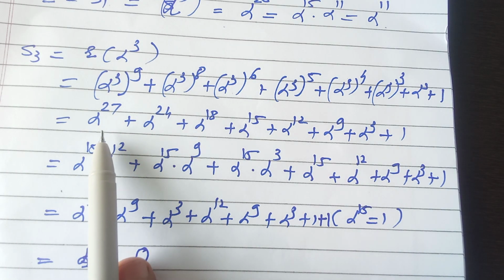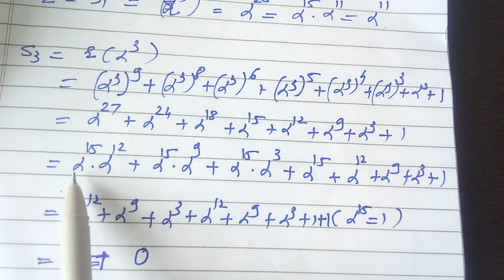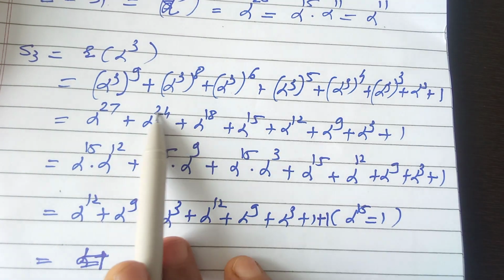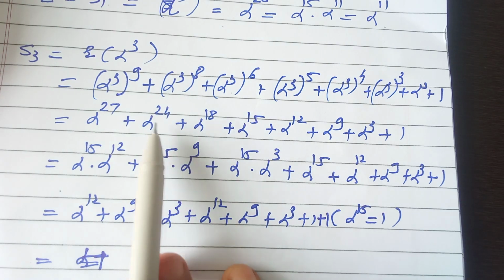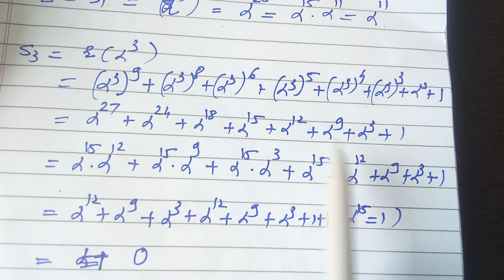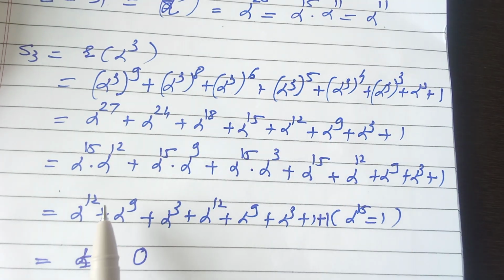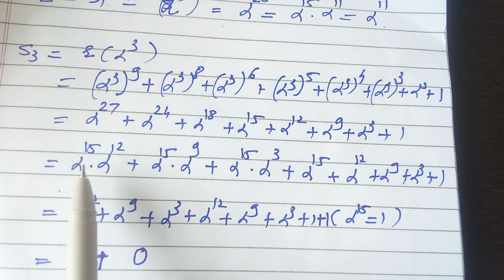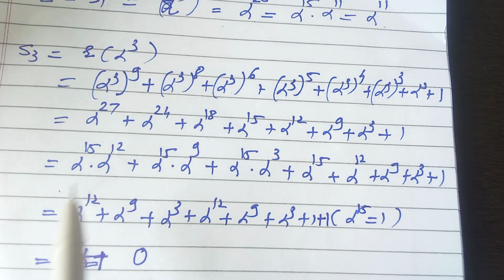Now again 27. You have to express it in the powers of alpha^15. So alpha^15 into alpha^12 is alpha^27. Alpha^15 into alpha^9 is 24. 18, alpha^15 into 3. Likewise, once it goes beyond 15, you have to express it in terms of 15, because alpha raised to 15 is 1.